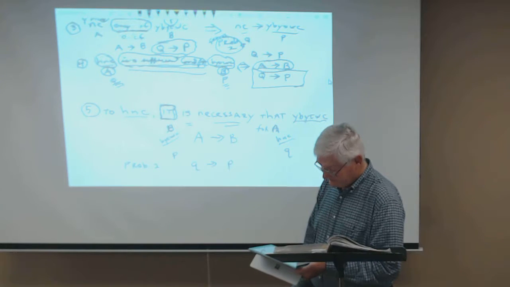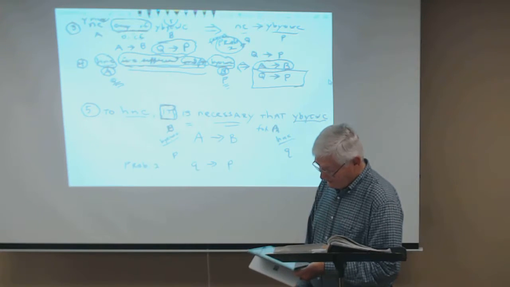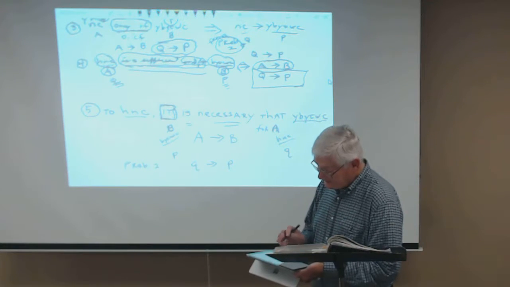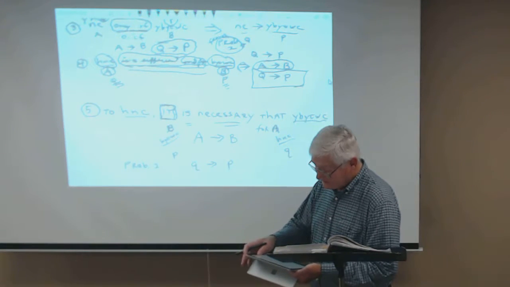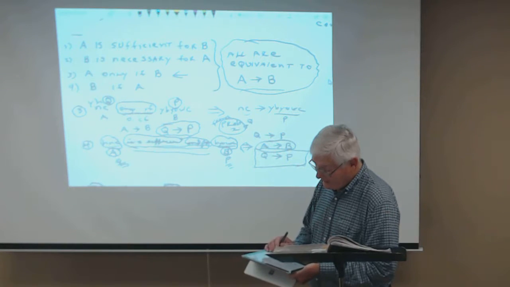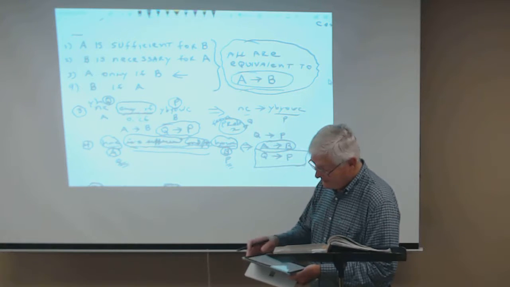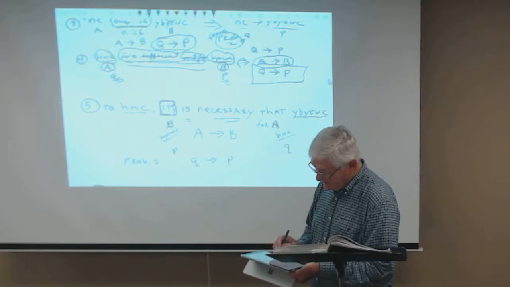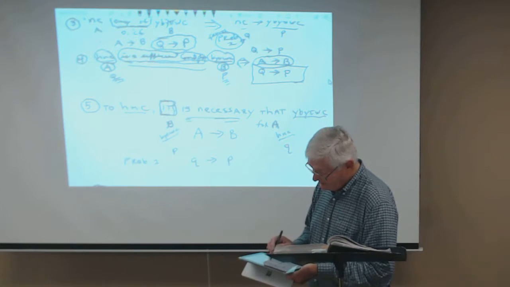Now, the question is, B is necessary for A is translated how? B is necessary for A is equivalent to if A then B. So I come down here and say, B is necessary for A would be if A then B.